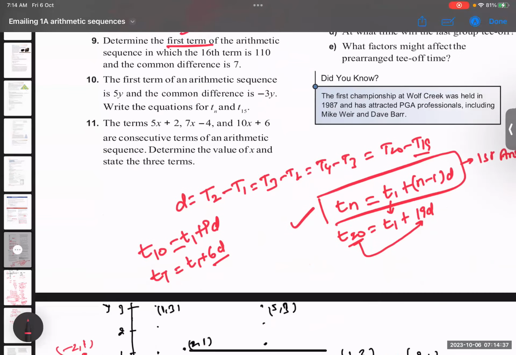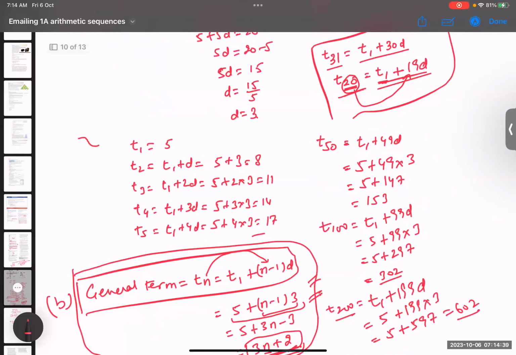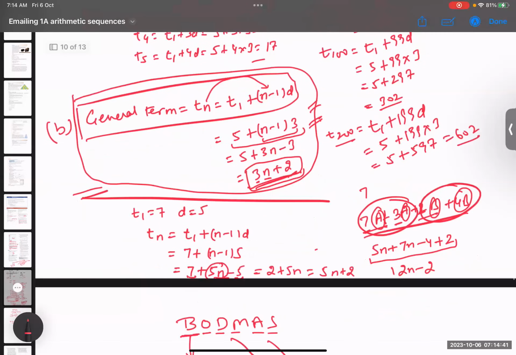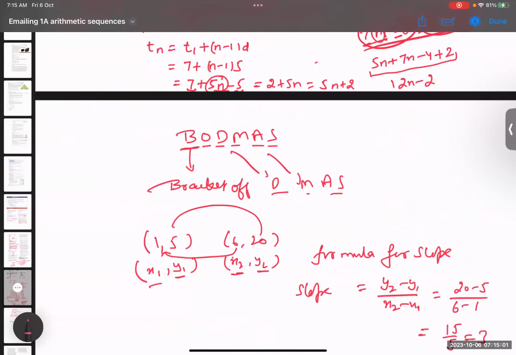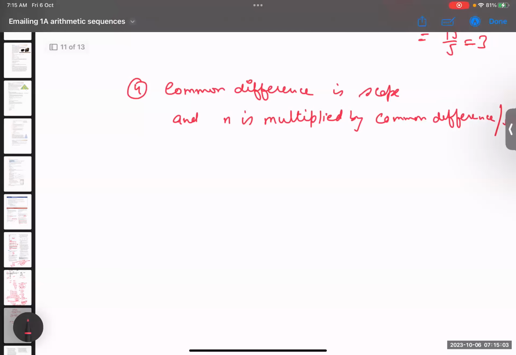Now listen. This is the formula that we got: Tn is 3n plus 2. Suppose we put n equal to 1. What will we be getting?